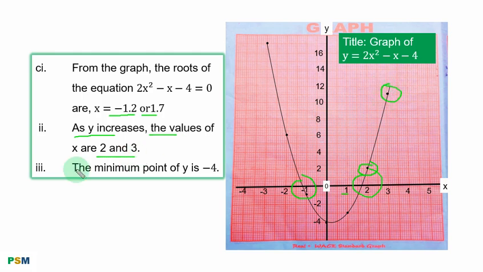Roman figure 3, the minimum point of y is minus 4. Don't forget the title of the graph. It is very important. It is simply the equation you are asked to plot.